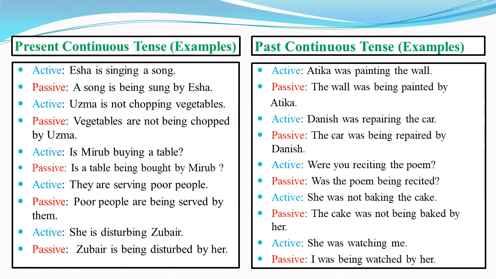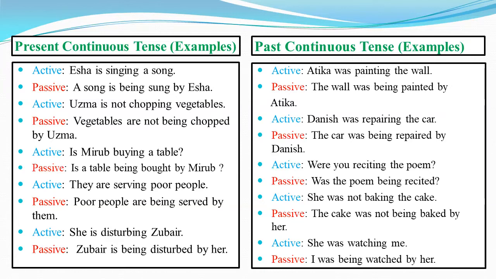Okay, now the examples of past continuous tense. Active is: Atika was painting the wall. Okay, here we use was instead of is. Okay, everything is same like present continuous tense, and the passive is: The wall was being painted by Atika.